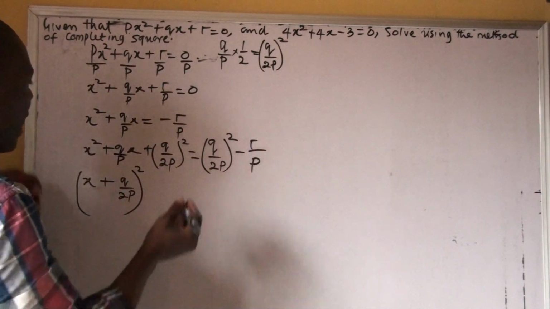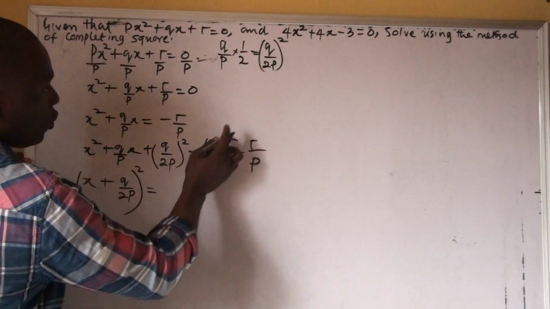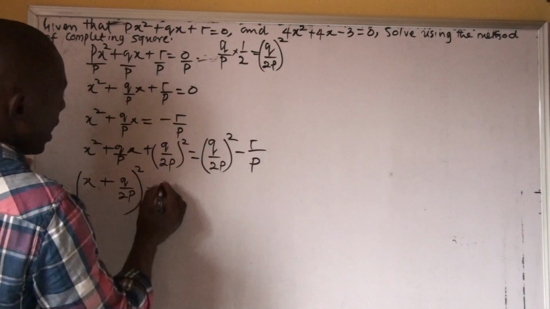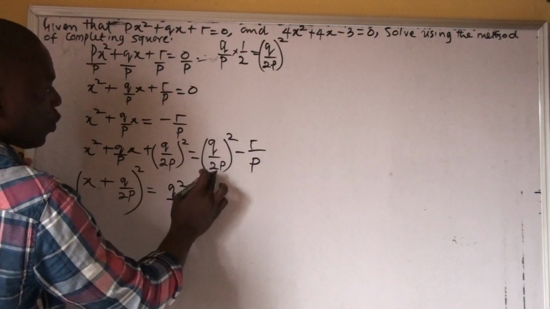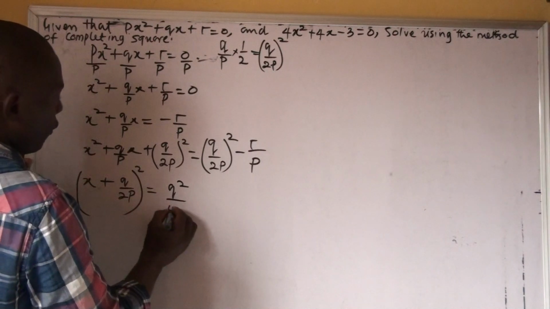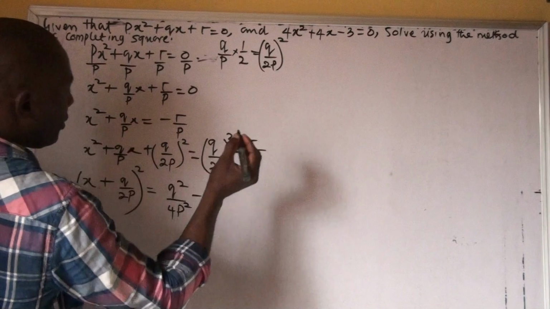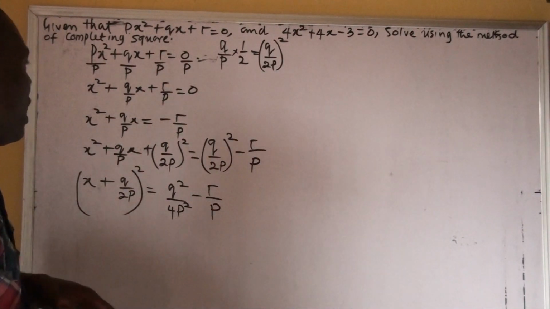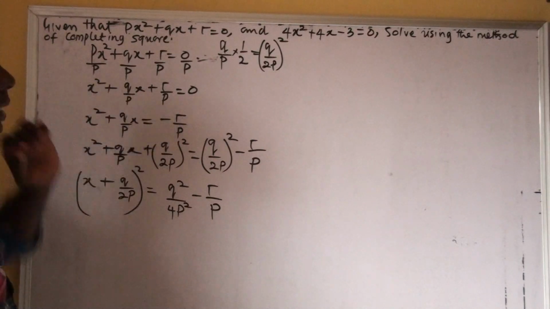All right, so we go to the right hand side here. This is q square over, if we square 2p, it's going to give us 4p square, minus r over p. Like I said, if we expand this, what we are seeing here is the same thing as this.